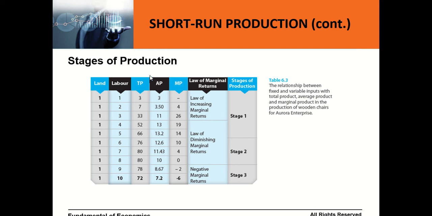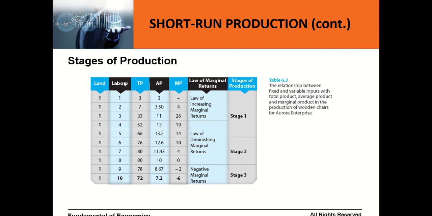Either one will be given. For example, let's say land, labor, TP are available, therefore AP and MP are empty. Or maybe you have land, labor, AP, and the TP and MP are empty. It depends, but mostly the first two here are given.